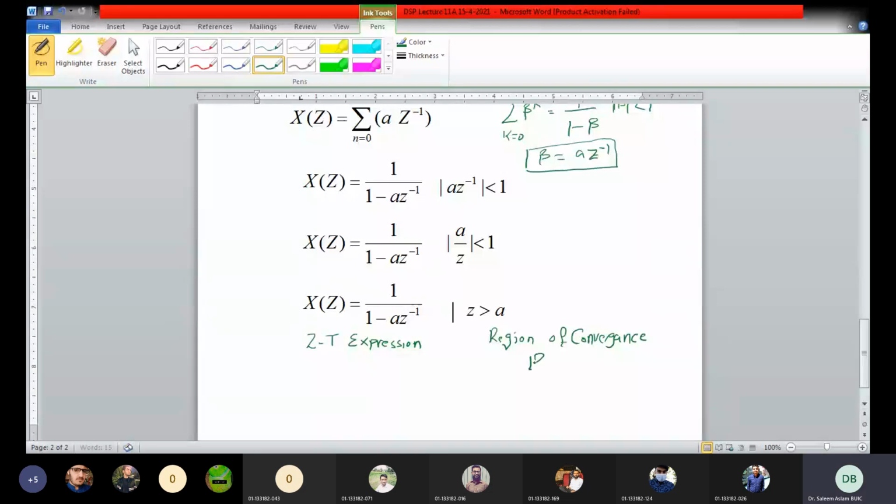In short, this is known as ROC, region of convergence. Okay?